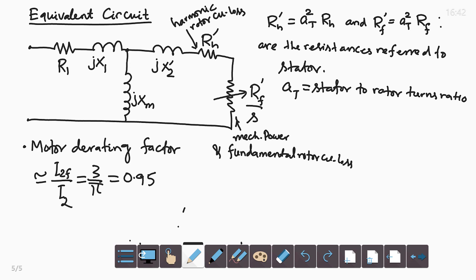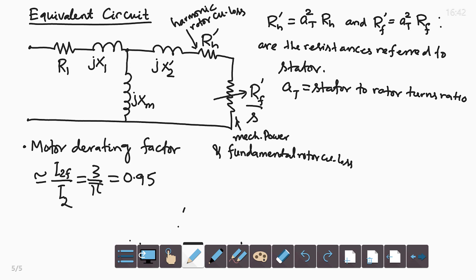So, apart from the fundamental component, there are harmonic components. Harmonic currents and harmonic MMFs give harmonic torques, and harmonic torque has a steady state value as well as a pulsating component, but these are small.